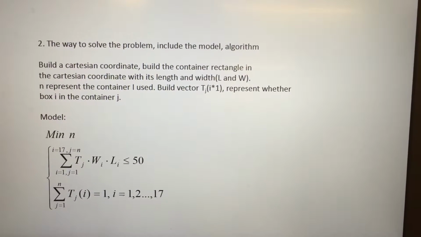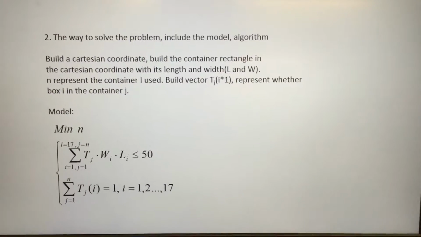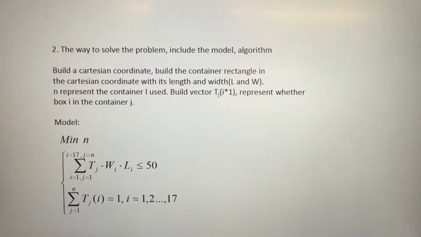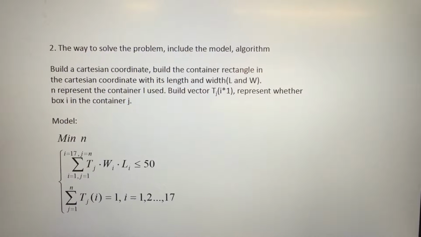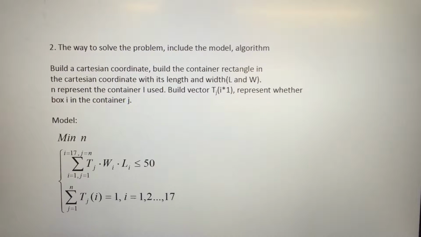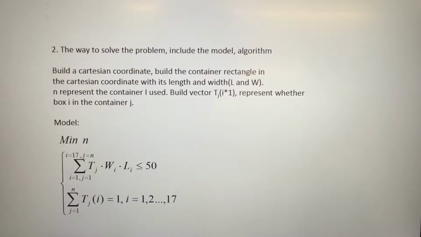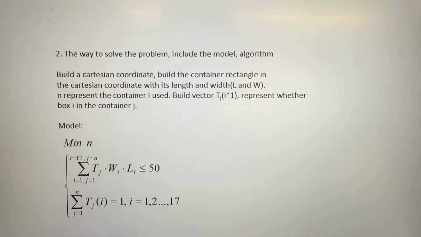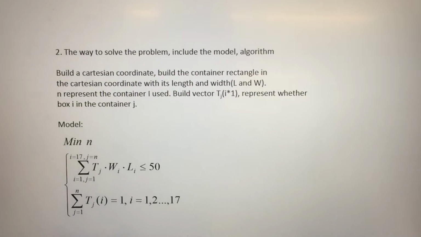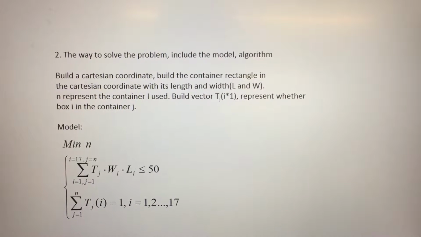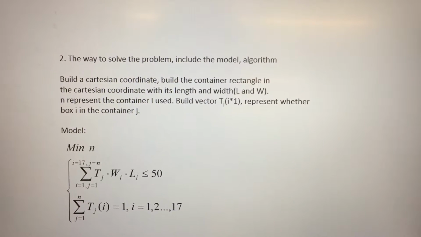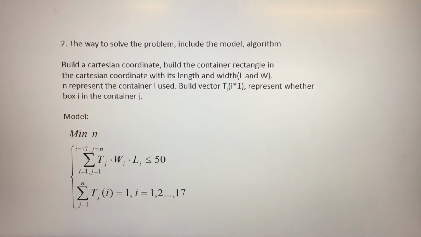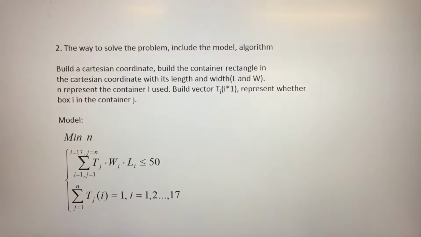First I need to build a Cartesian coordinate system, and then build a container rectangle in it with length L and width W. So (0, 0) will be the left-down point of this rectangle, and (L, W) will be the right-top point of this container, and N represents the number of containers I used.